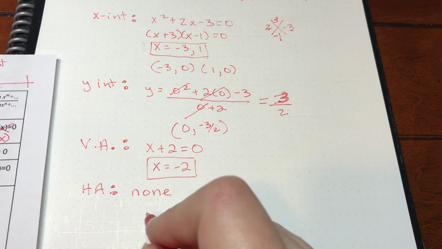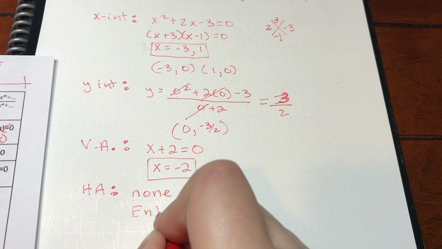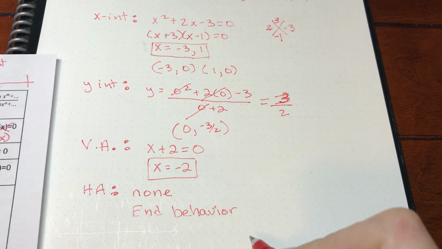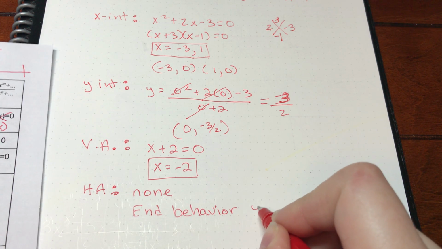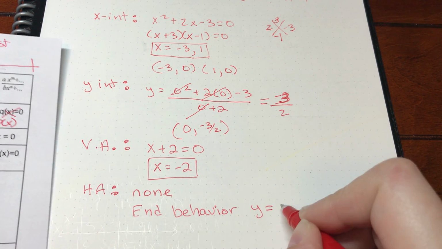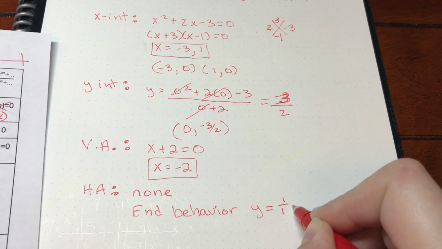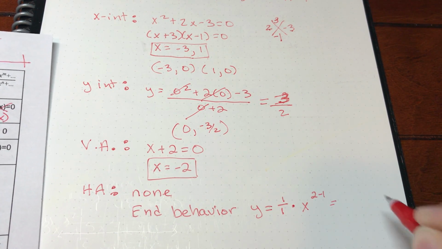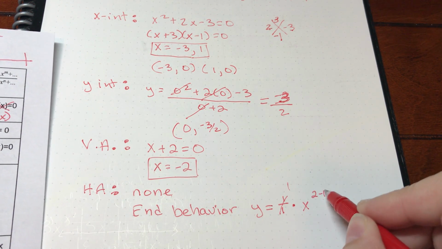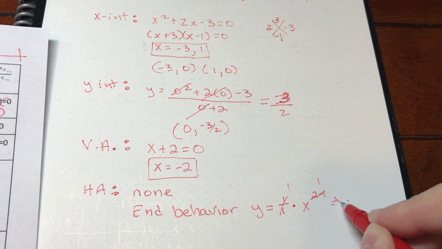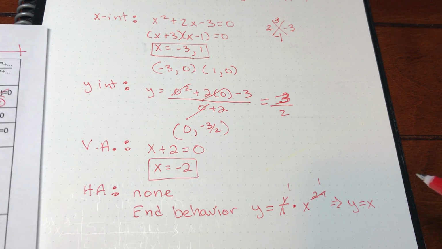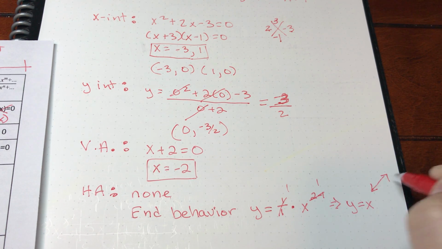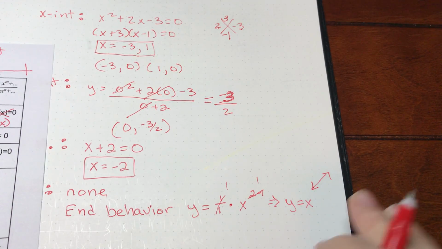All right. So end behavior is the same as y equals a over b, which is 1 over 1, times x to the m minus n, which is 2 minus 1. So this is 1, this is 1, so it's the same as y equals x. Well, y equals x is a line like this.